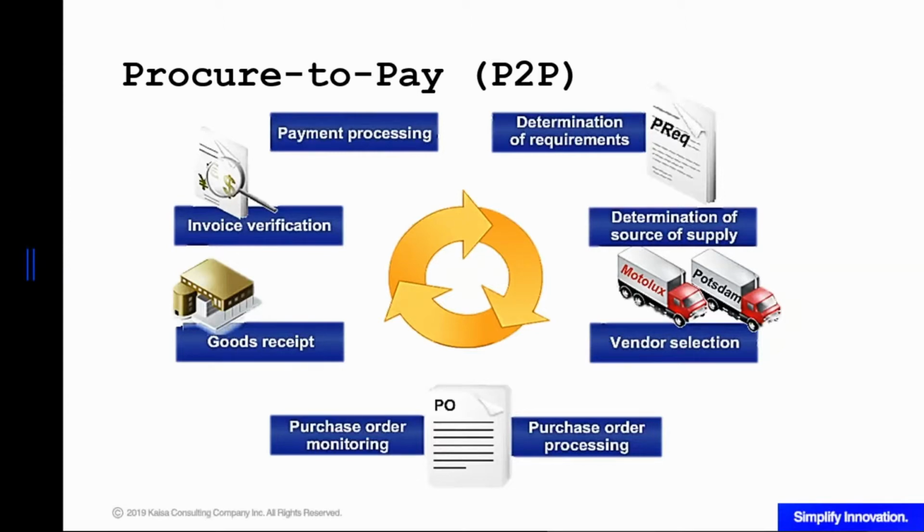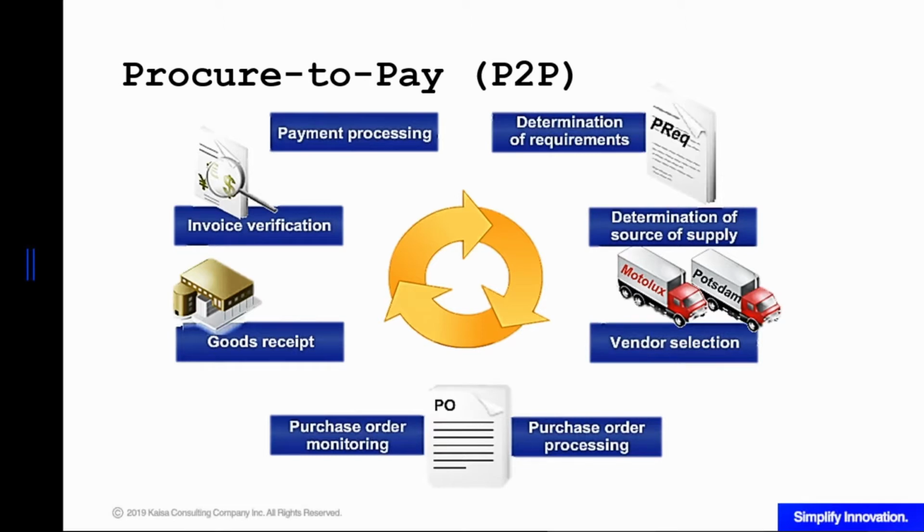So after we have selected the appropriate vendors, we can now proceed with the PO processing or the PO creation. So once the PO has been approved, we can now send it to the appropriate suppliers as well. Once the supplier has delivered the goods or the materials, we can now move on to the goods receipt, wherein we receive the goods from the supplier to our warehouse.